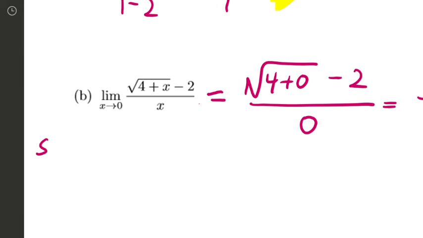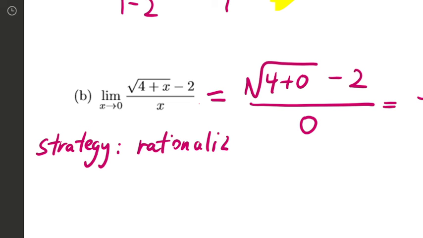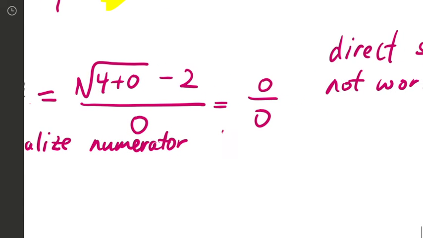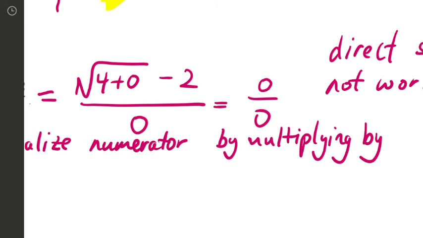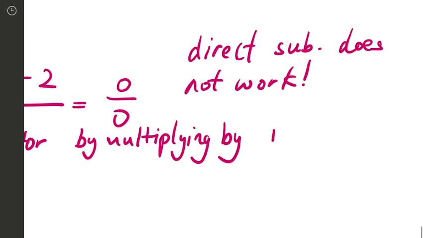So the strategy here is to rationalize the numerator by multiplying by its conjugate.